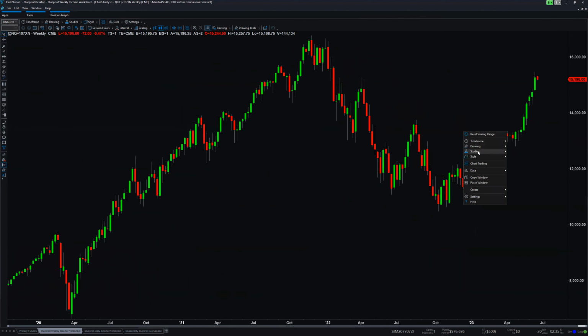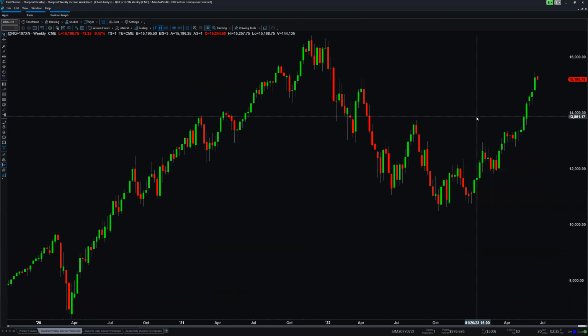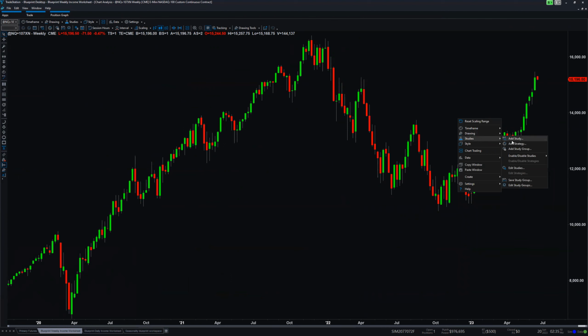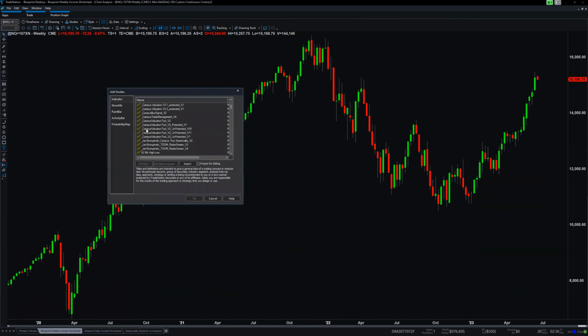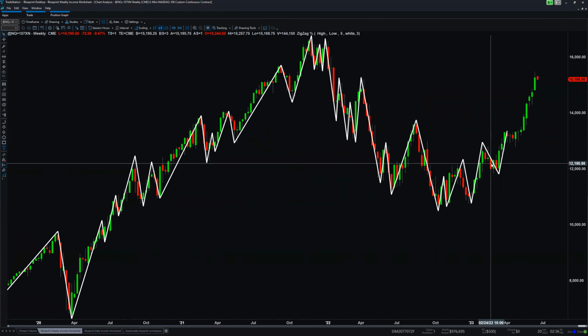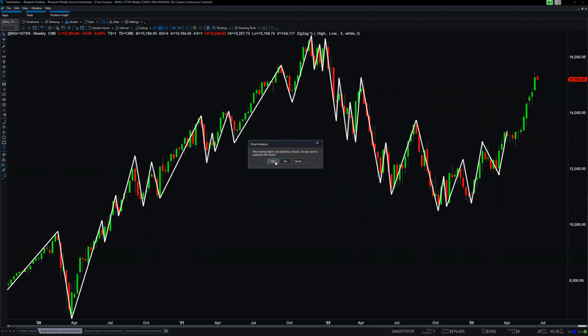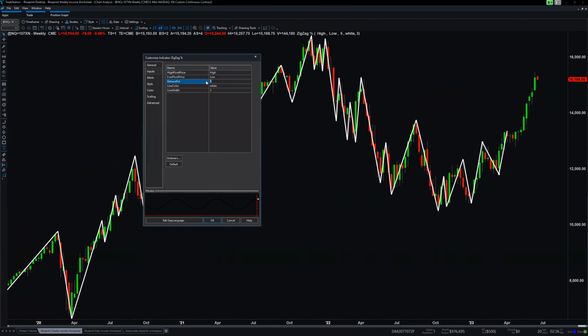The first thing I'm going to do here in terms of trend is add a study called the zigzag in percents. And I may move lower in terms of the percentage points.